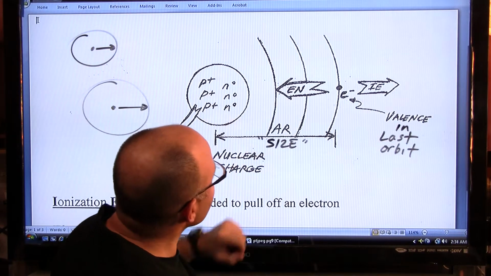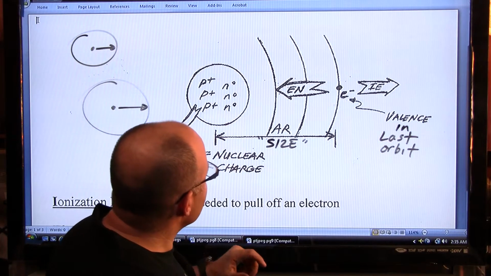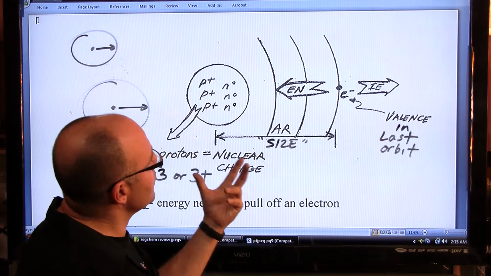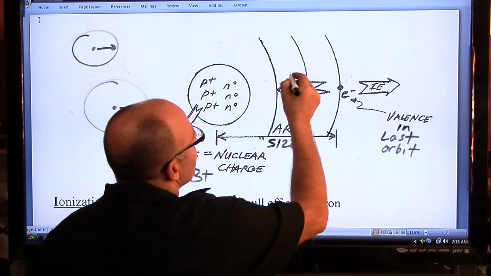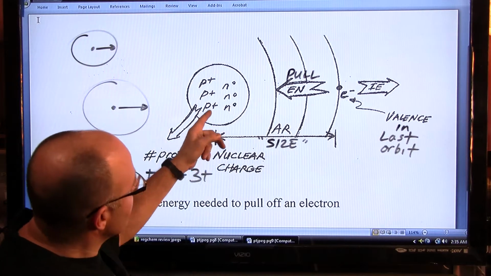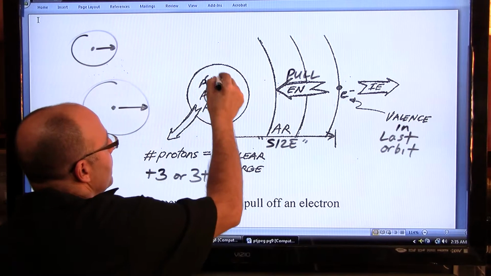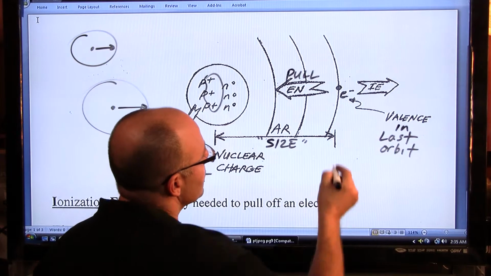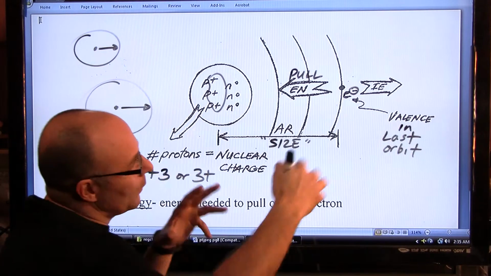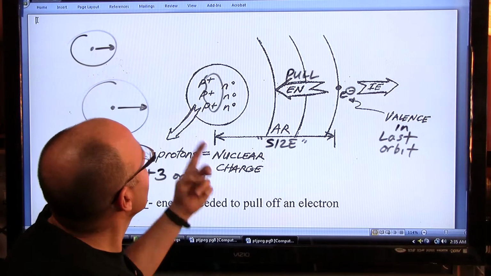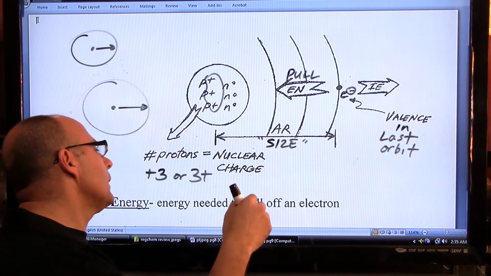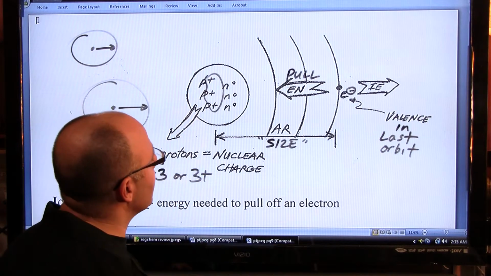One, the electronegativity, which is the pull of the nucleus, the attraction of the nucleus for that electron. Remember, the nucleus is positively charged, and opposites attract. So the electrons are kept in orbit. They don't float away from the atom because they're anchored by the protons in the nucleus, and it's because they're moving that they don't come crashing into the nucleus.